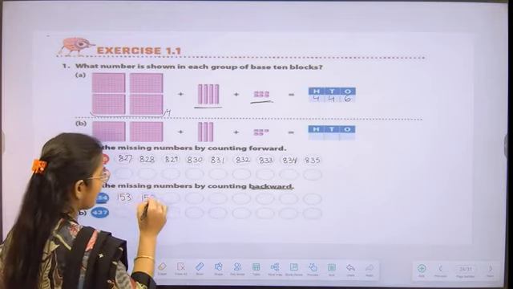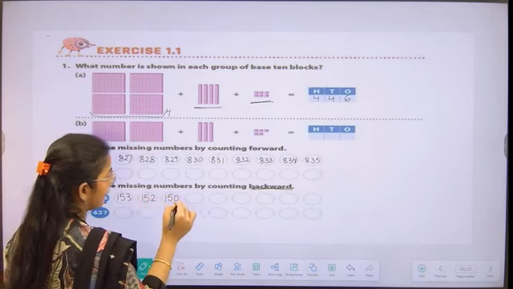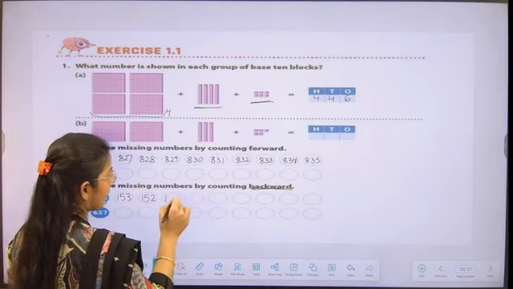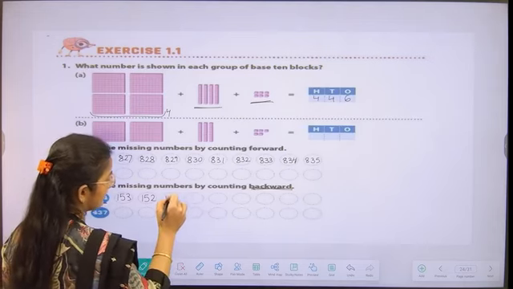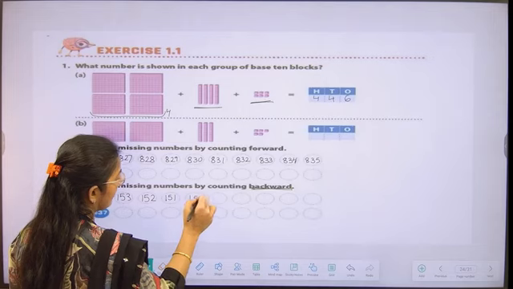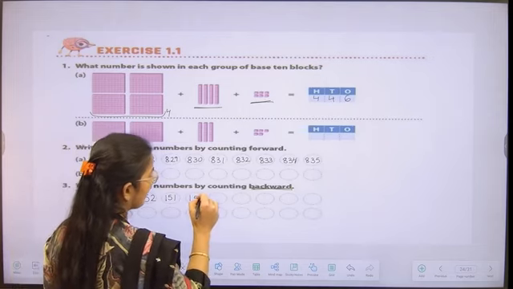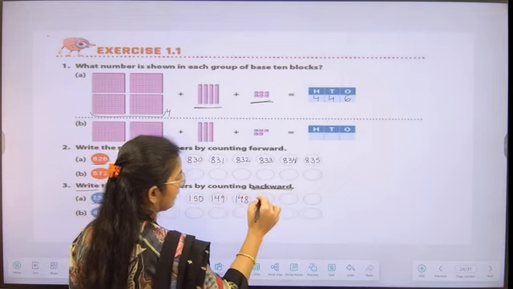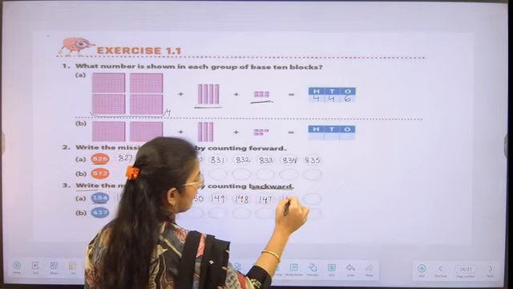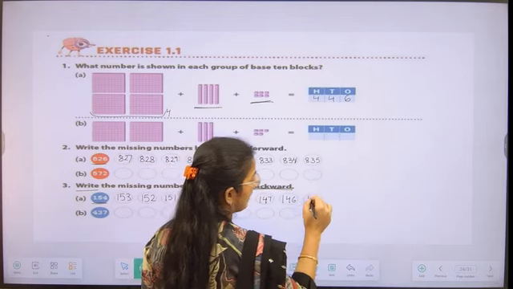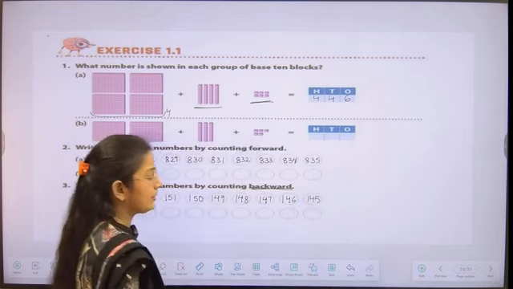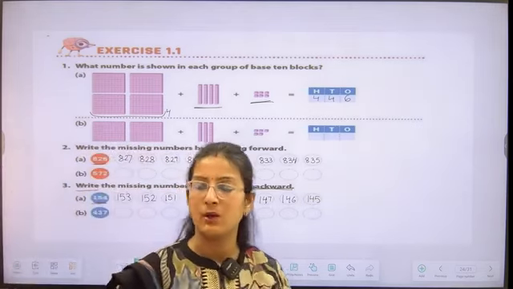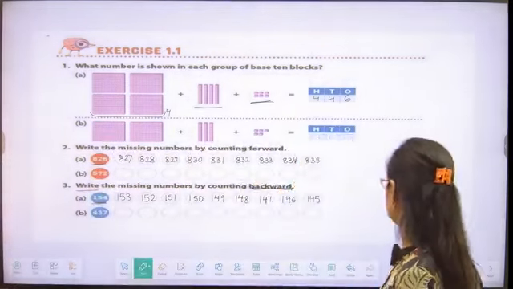Then 152, then 151, sorry, students. Then 150. Then 149, 148, 147, 146, 145. With this, we can write our backward counting, students. Now, the second one, you can do by yourself.